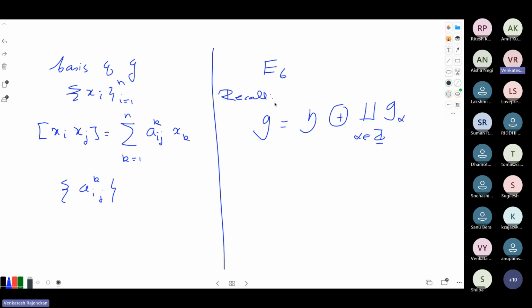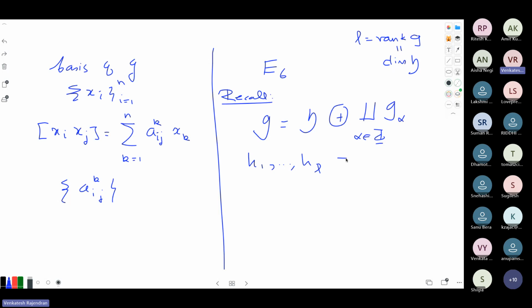So let's see how much we know already. Let's call L my rank, the rank of the Lie algebra, which is the dimension of the Cartan.